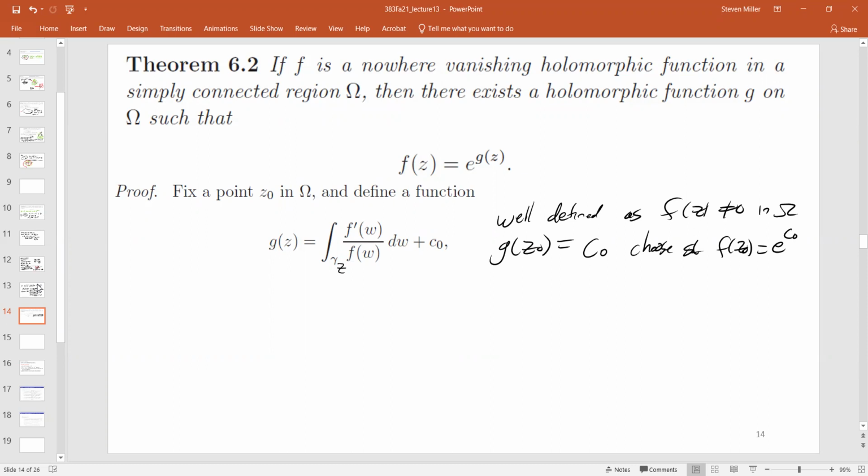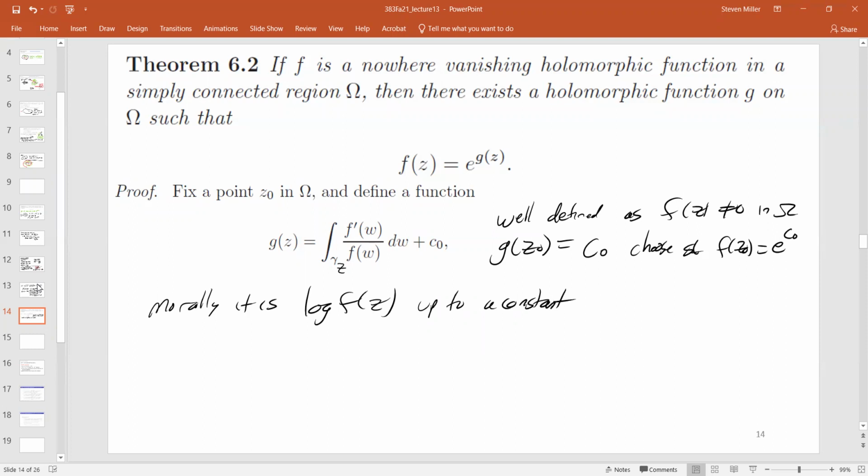Okay, and so now we have our function. And now the question becomes, how do we show that this is well defined? What do you think this integral morally should be? Yeah, morally, it is the log of f of z, maybe up to a constant.